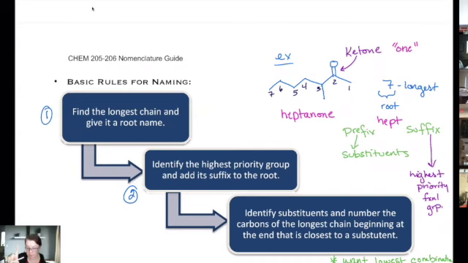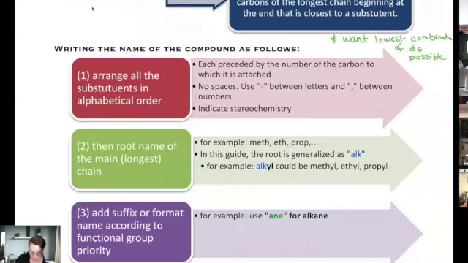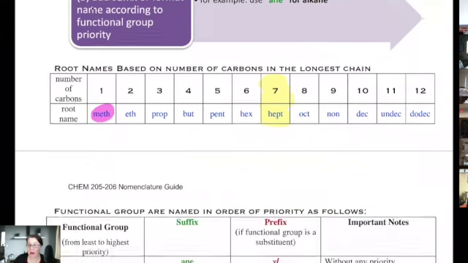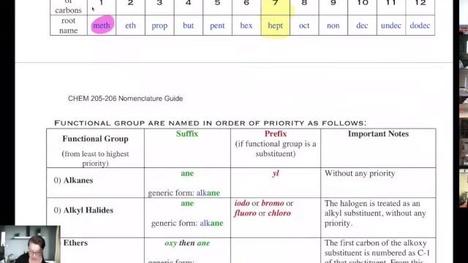1 carbon, right? So it is going to get a root. And the root for 1 carbon is meth. It is just an alkane, or it is an alkyl group. So we're talking about an alkane. We're going to use the prefix ending of YL.